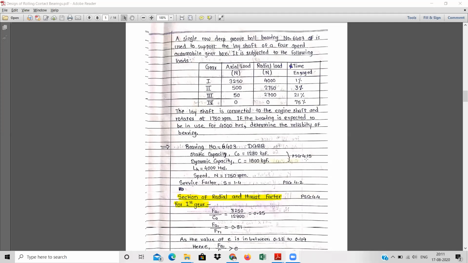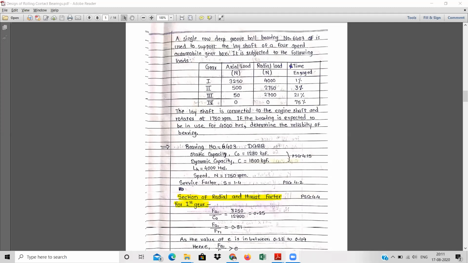So, let's start with the given data. The bearing is 6403 deep groove ball bearing, extra heavy load carrying capacity, and the diameter series 03 is given. You can refer to the PSG data book page number 4.15 and note down the static and dynamic capacity of this bearing.